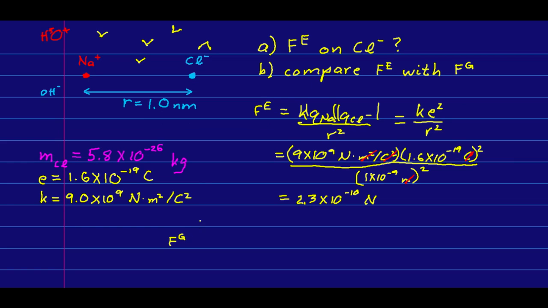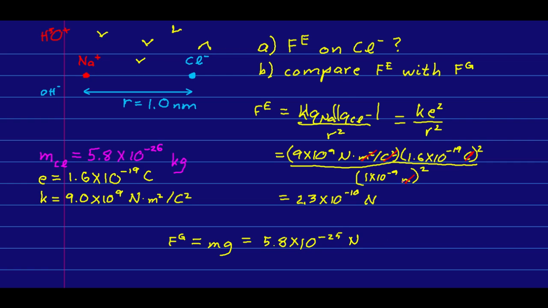Let's now calculate the gravitational force on this chloride ion. Well, that's easy. That's just mg. And the mass of a chloride ion is this, and so that is just going to be, g is basically 10, and so this is 5.8 times 10 to the negative 25 newtons.